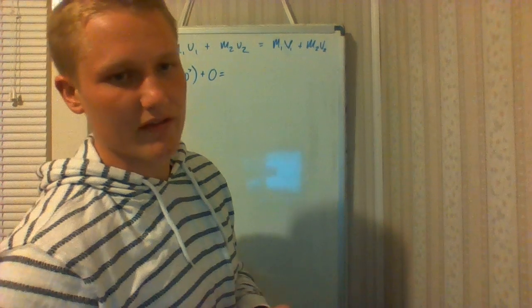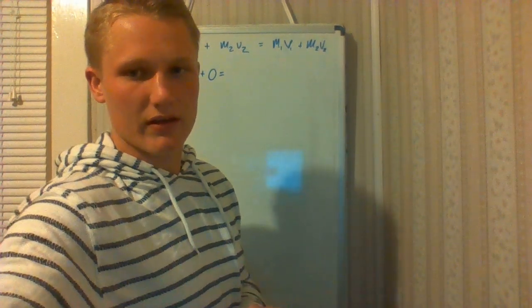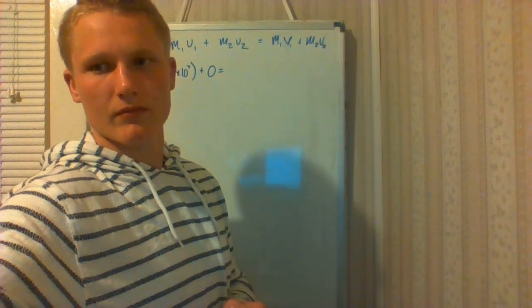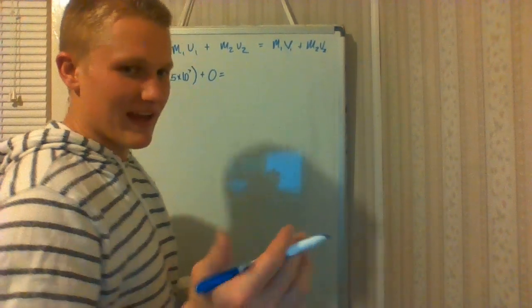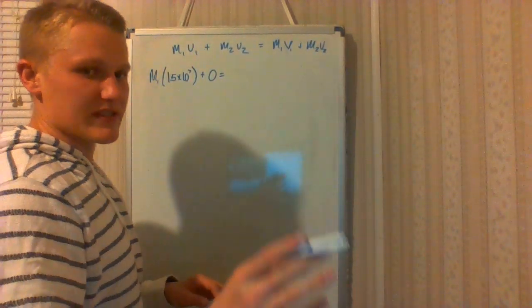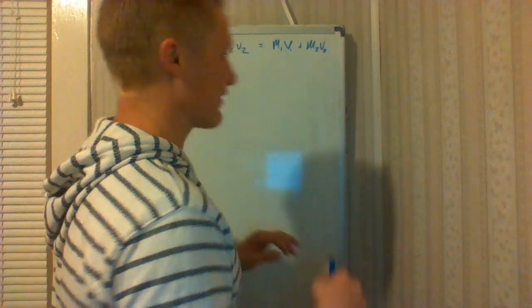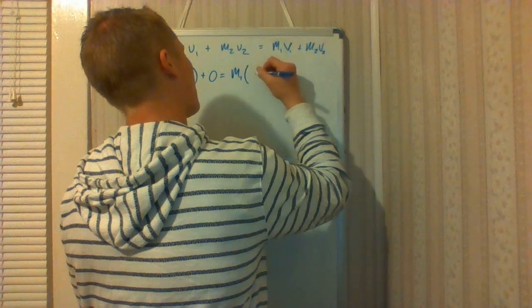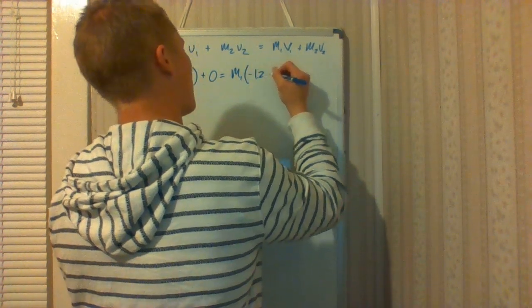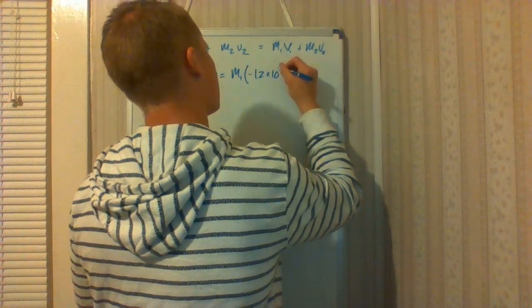And then we'll have m1 again times the negative 1.2 times 10 to the 7th.